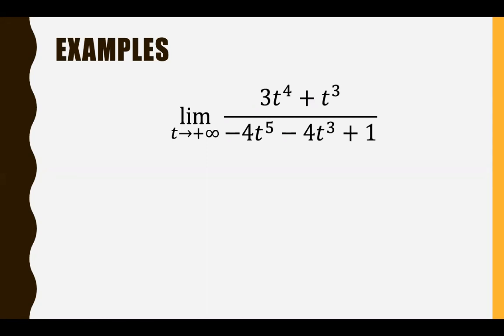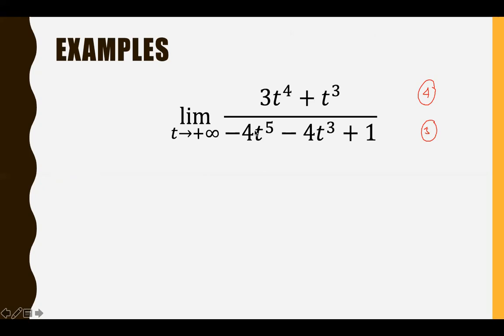The way I solve it is, since I know that the degree of the numerator is 4 and the degree of the denominator is 5, let me just put some notation here, 4 and 5. What I'll be doing is I'll get the highest degree, and then afterwards, I'll pull it out.